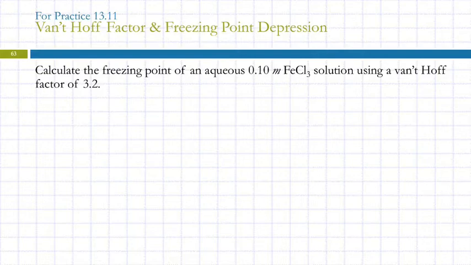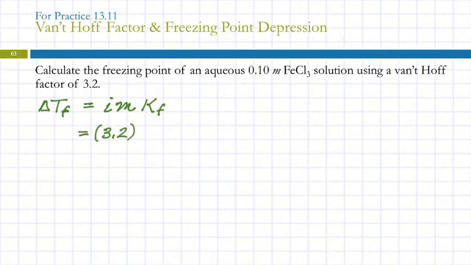So this is a strong electrolyte, and so we can't calculate the freezing point directly, but we calculate the change in the freezing point. And that's going to be the Van't Hoff factor times the molality times the freezing point depression constant for water. So here we are given the Van't Hoff factor of 3.2. We're given the concentration, molality, and then we have to look up the freezing point depression constant.